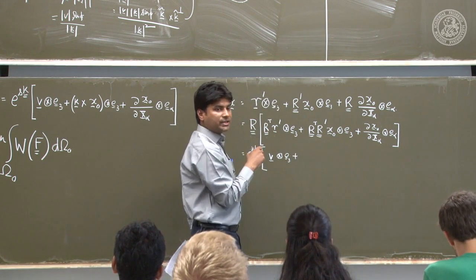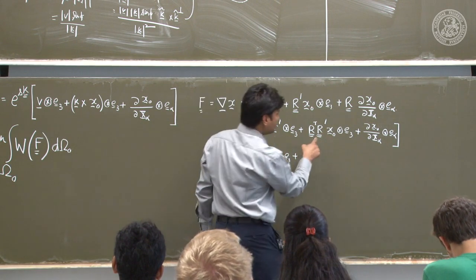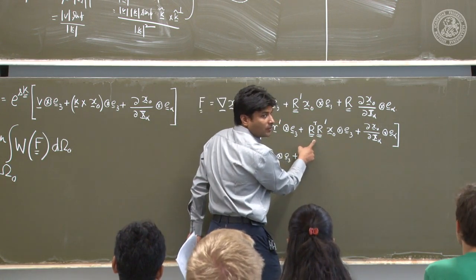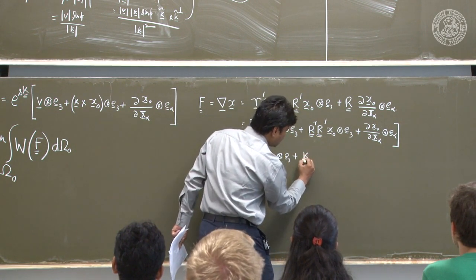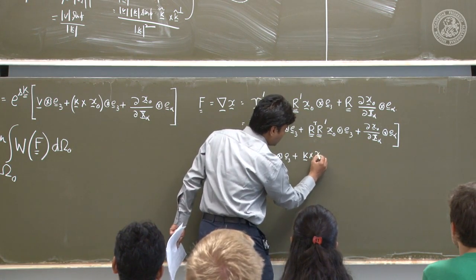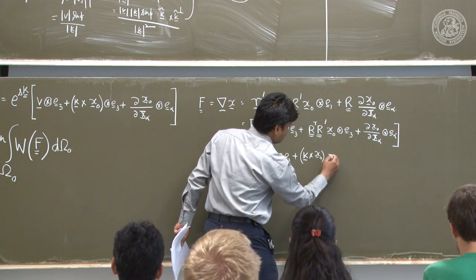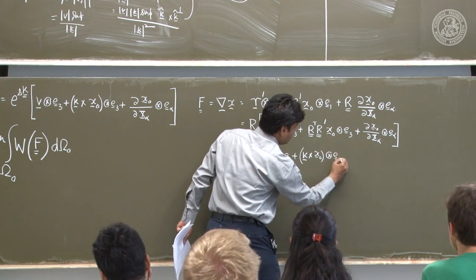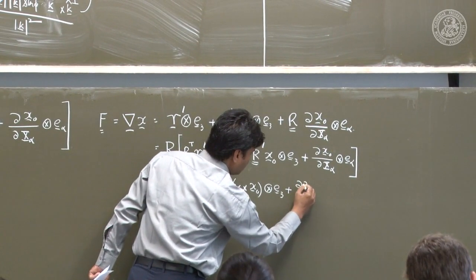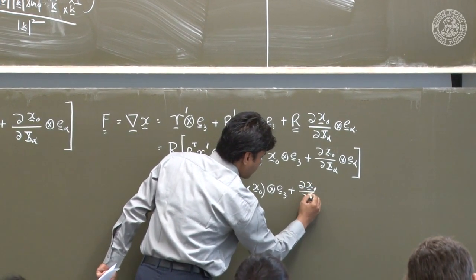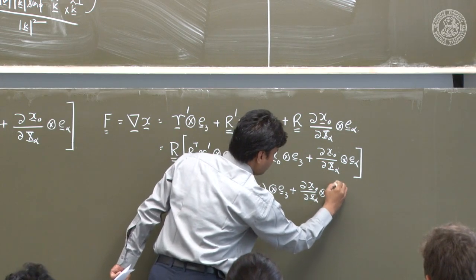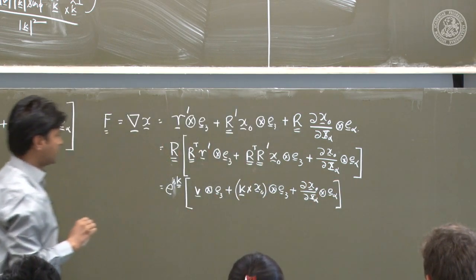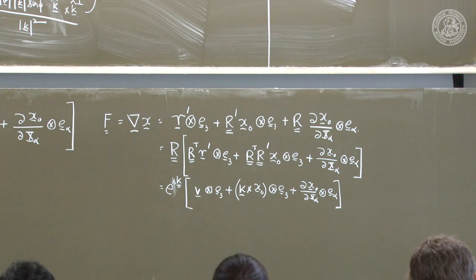That's your strain K, the skew symmetric K. But then when you multiply with little x naught, it becomes its axial vector K cross little x naught, tensor product E3 plus this number. Okay, so that's what I have here.